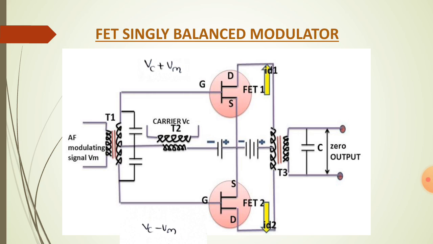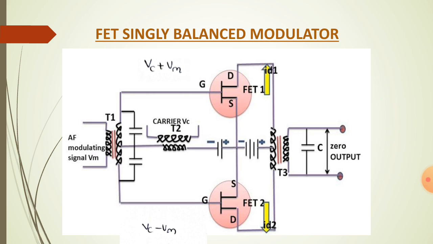The transformers T1 and T2 are the input transformers and T3 is the output transformer. Here the message signal is given at the primary of the input transformer T1, and let the voltage of the message signal be Vm.